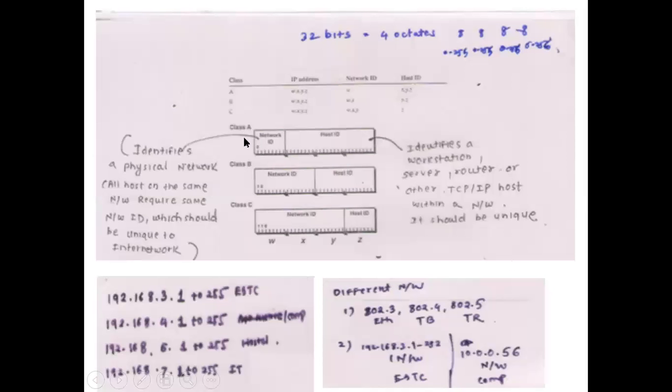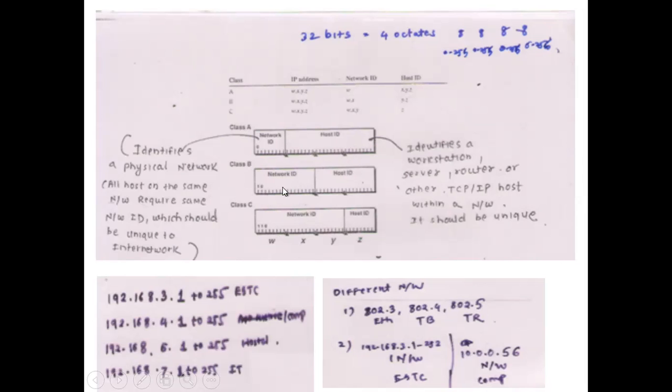Let us say class A. IP version 4 is a 32-bit IP address with 4 octets: first, second, third, fourth. Likewise for class B and class C. In class A, the first octet is known as the network ID, and the remaining 3 octets are known as the host ID.